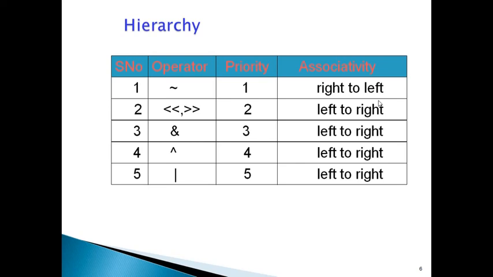Fifth one, OR operation, pipe operator. It has priority 5, and it has left to right associativity. This is the hierarchy of the bitwise operators. Ones complement, first priority; left shift and right shift, second priority; AND operator, third priority; exclusive OR, fourth priority; OR operator, fifth priority.